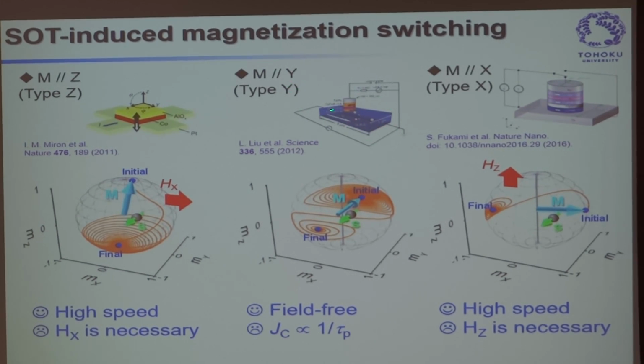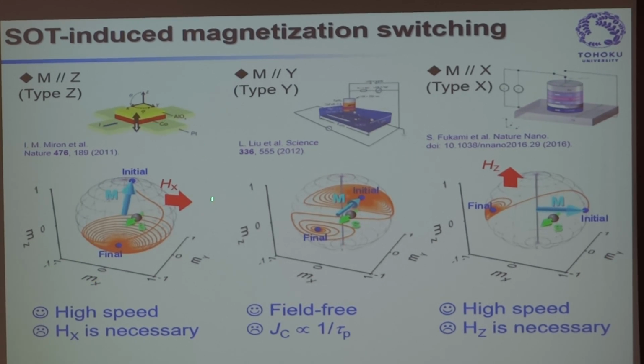Current direction in this talk is always in the X direction. The third and last possibility is that you run current in the X direction and you have in-plane magnetization, but your magnetic easy axis is collinear with your current.